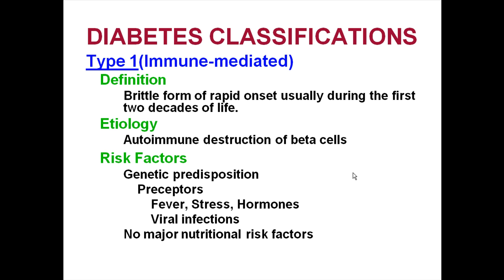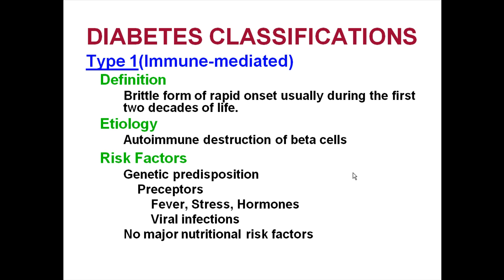But the key thing for nutrition is there are no major risk factors for nutrition. I mean, you can't eat too much sugar and get type 1. It is not a nutritional issue until you get it. Now, once you get type 1, then it becomes a nutritional issue.